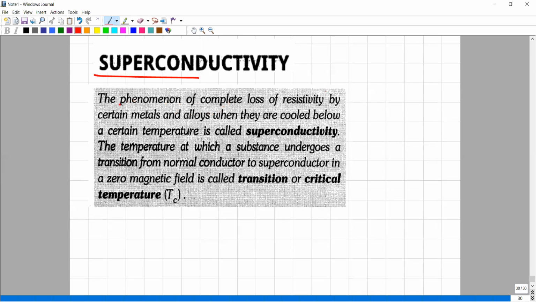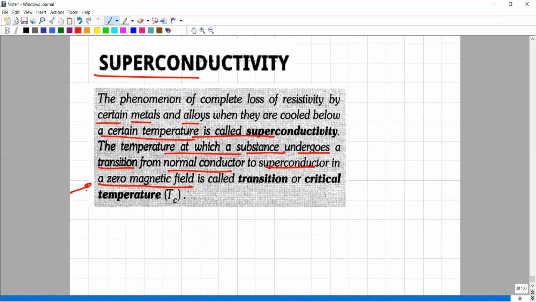Very simple. Superconductivity is the phenomenon of complete loss of resistivity by certain metals and alloys when they are cooled below a certain temperature. So it is achieved under a cooled state. The temperature at which the substance undergoes a transition from a normal conductor to a superconductor in a zero magnetic field is important.